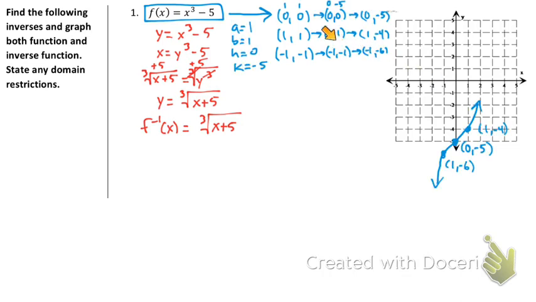Okay, so if you graph properly, here's my work. A, B, H, and K are here for the original graph. Here are my 3 points. I labeled them for you. And now we're going to graph the inverse. What I mentioned before, maybe a week ago, is that in one of our steps for finding inverses, all we do is switch the x and y.